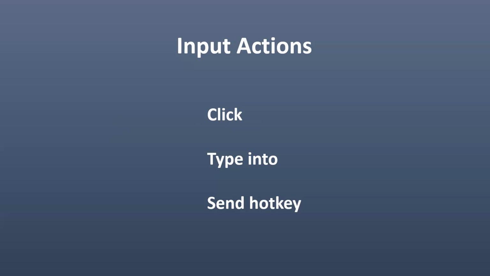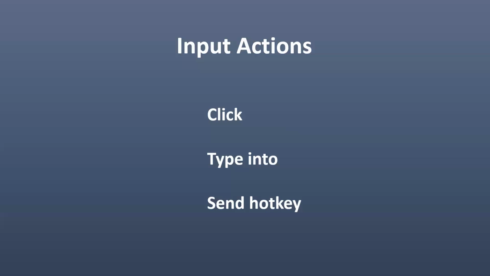Now, input actions means how we give some input to the bot. Hey bot, go over there and click on it. Hey bot, go over there, type something. Hey bot, just send some hotkeys. As a human, how we interact on the screen, you are seeing these three activities. These are the only three ways we as humans also do.